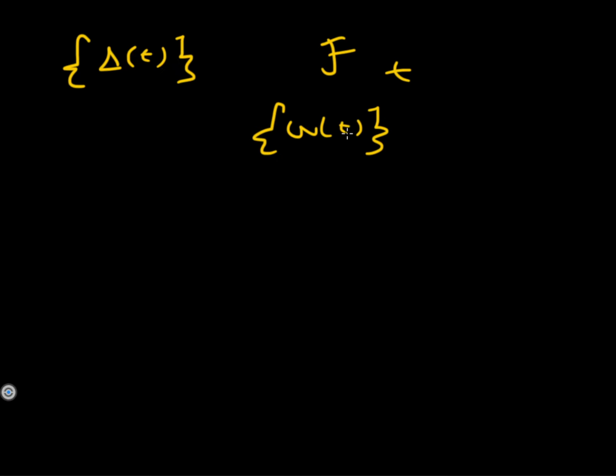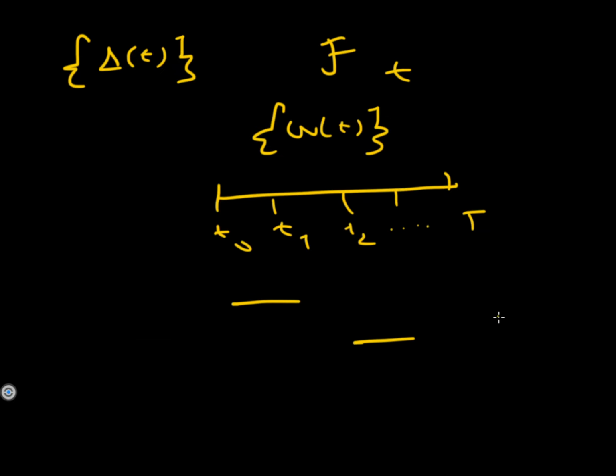Now, for each interval of the partition which we will be making, for each of these little intervals, the simple function will be constant, aka it'll be a step function.